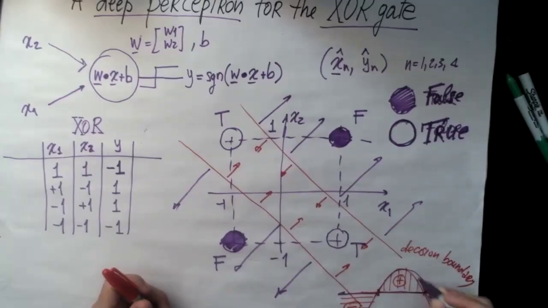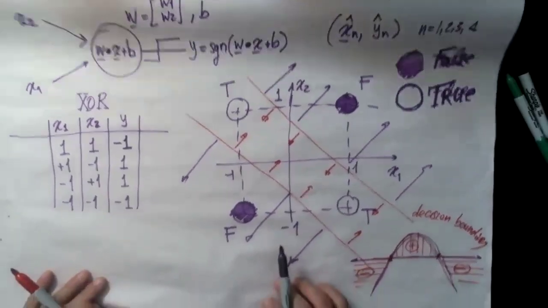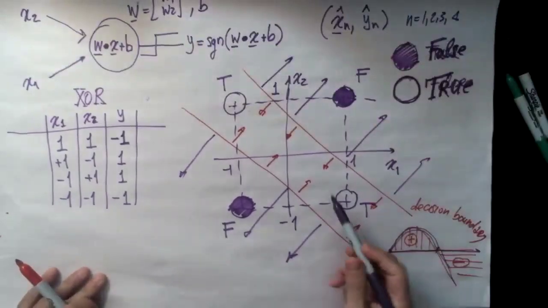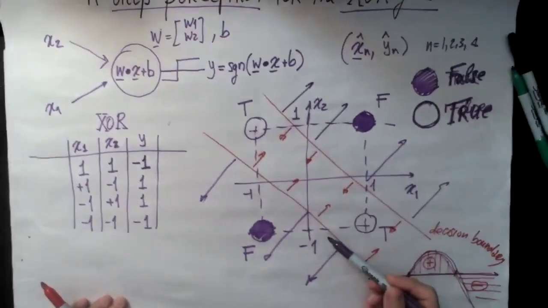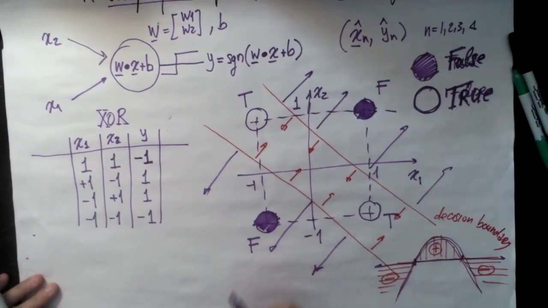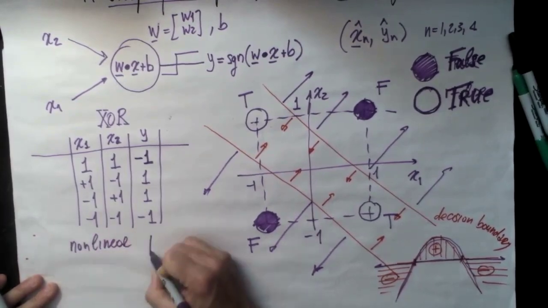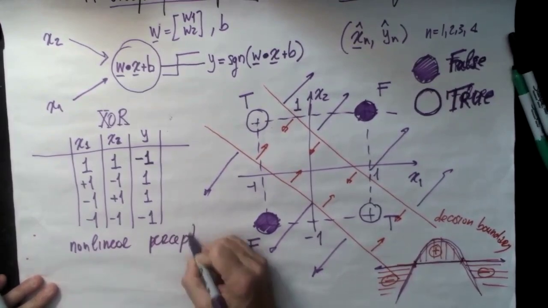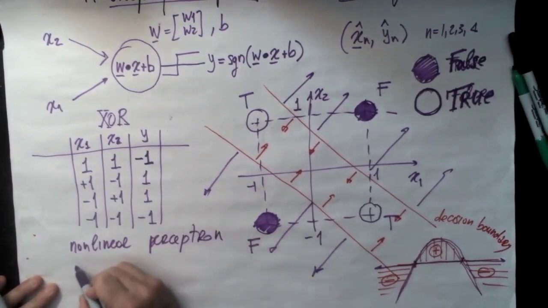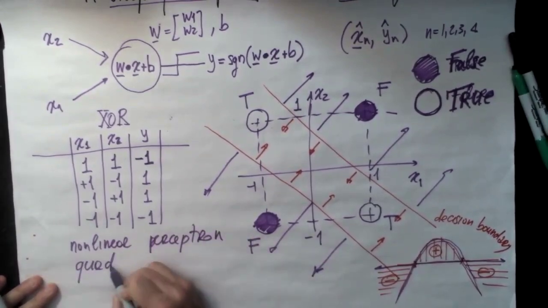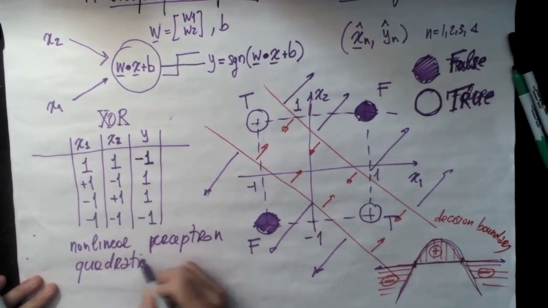What does it mean? In order to model the XOR gate, the linear perceptron is not enough, and so we need a nonlinear perceptron. Specifically, in this case, even a quadratic perceptron will work.